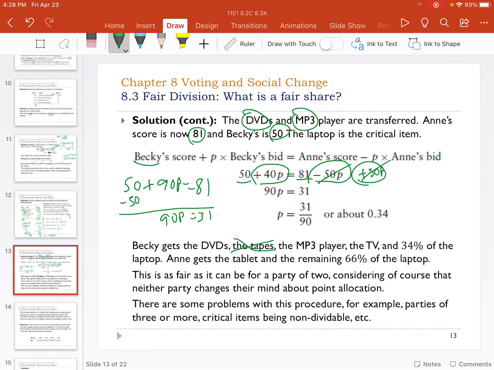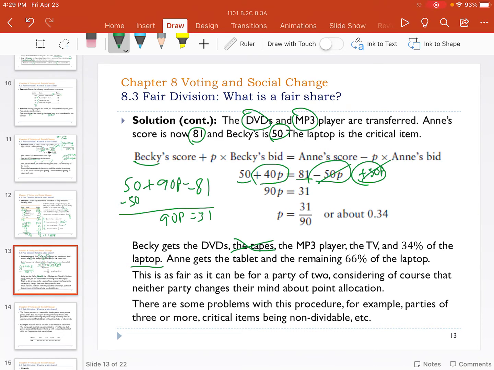So I made a real mess there on that list. Let me just go back here. So as we recall, the DVDs were transferred over to Becky, who was the trader. And then MP3 was transferred over to Becky, who was the trader. She already got the TV. That was from the beginning part. And the critical item, the one that gets split up, is the laptop. It's roughly a 1/3, 2/3 situation, roughly. So Ann gets the tablet and the remaining 66% of the laptop.